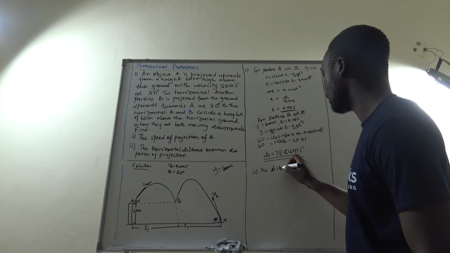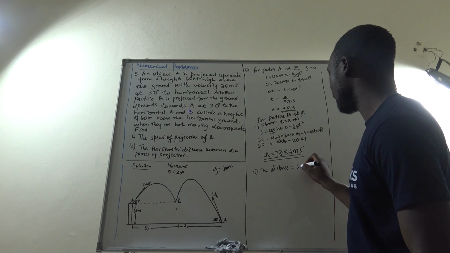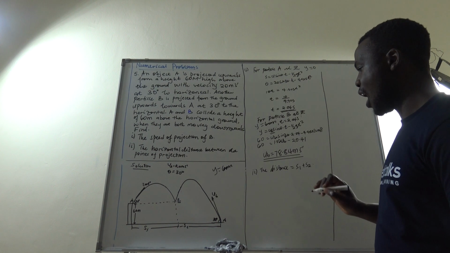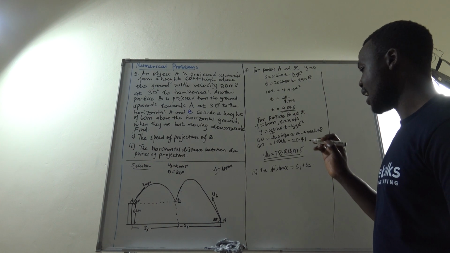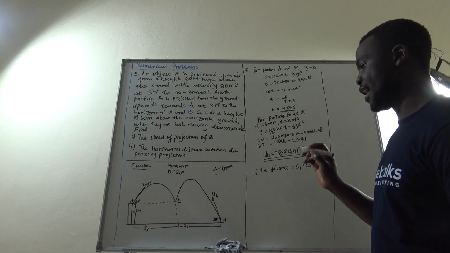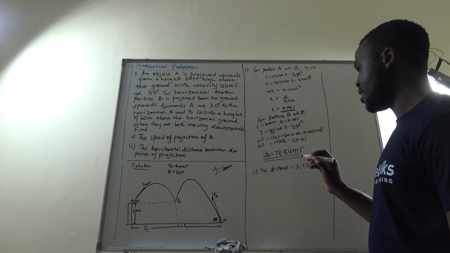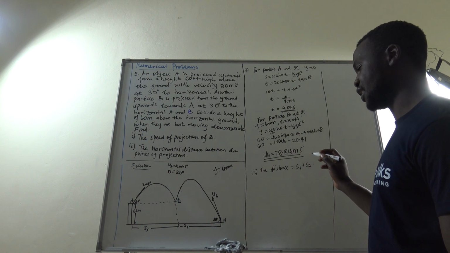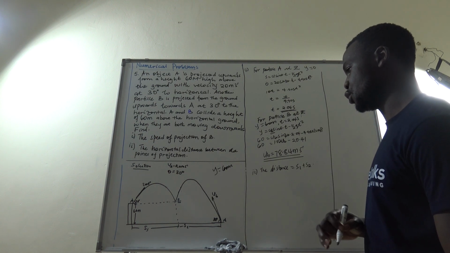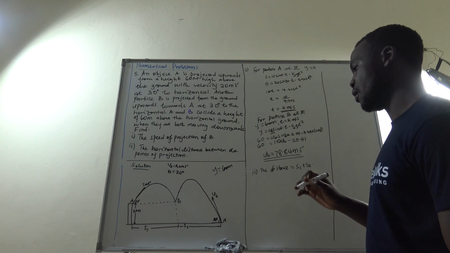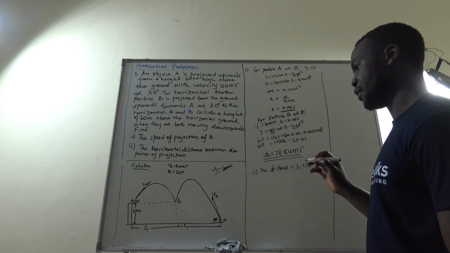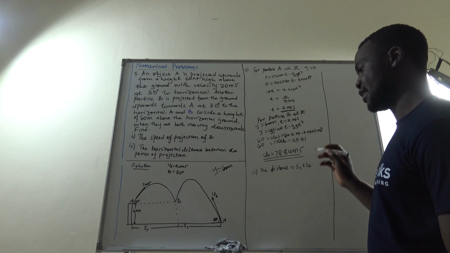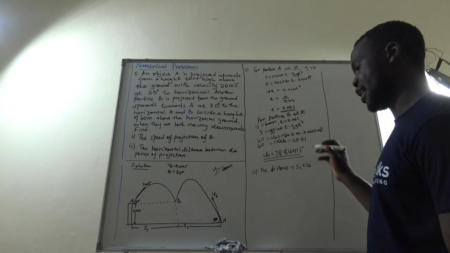Now, how can we get S1 and S2? The simplest way we can get S1 and S2 is using the equation of a trajectory.